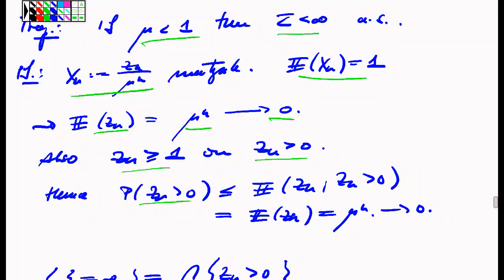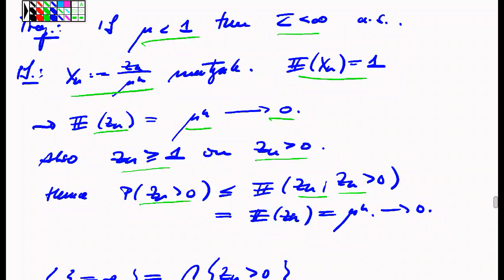So the probability of Zn being greater or equal to 1, by a version of the Chebyshev inequality, is bounded from above by the expected value of Zn restricted to where Zn is positive. This is a very simple version of the Chebyshev inequality, in fact.